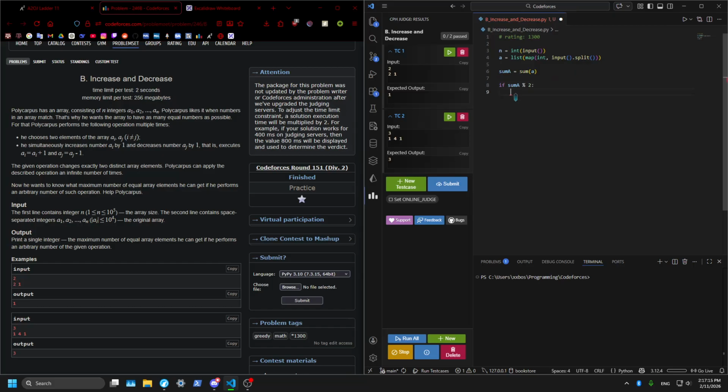I figured this out the other day. You can do sum A mod 2 without having the equals 1 because it's going to be 1 or 0, so it's like true or false, you know? If sum A mod 2 equals 1, then it's odd. Then, and then our other case, else.